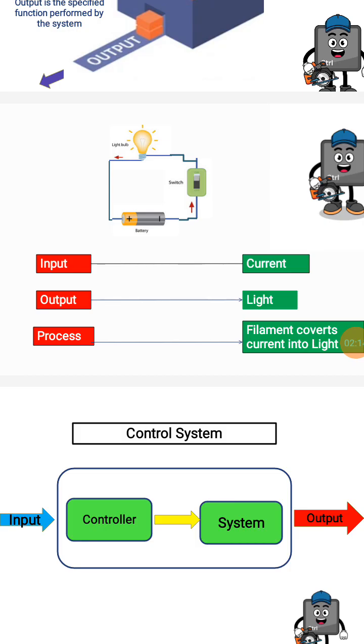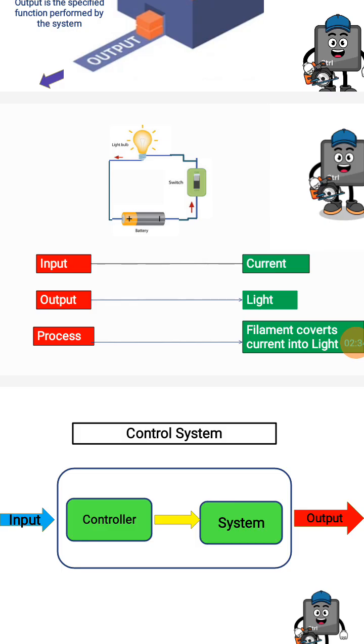The system processes the execution and produces the desired output. So this is the block diagram of a control system.